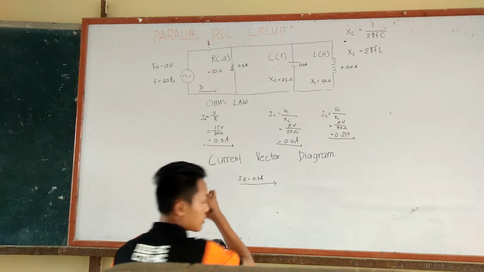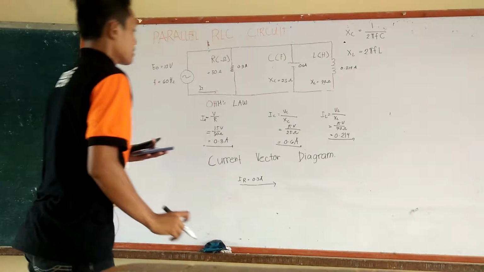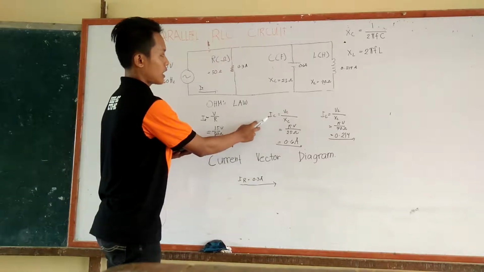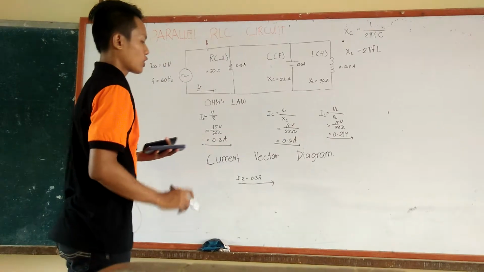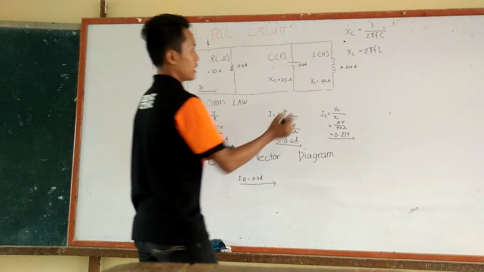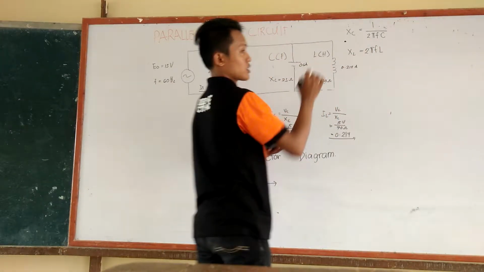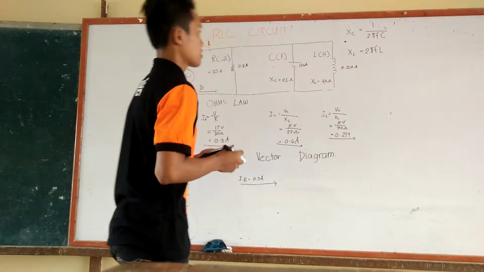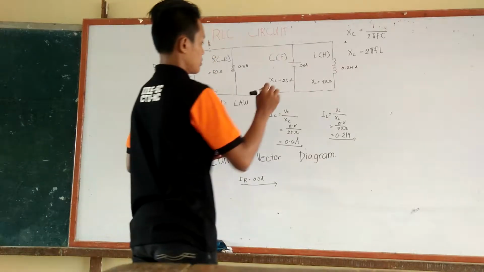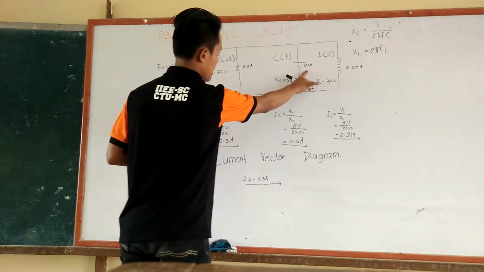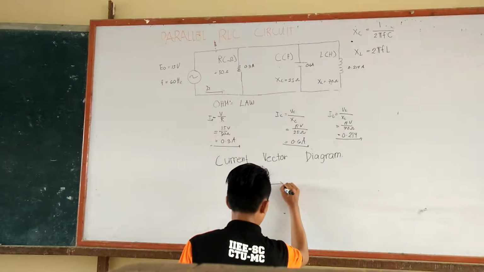Now, the current in the capacitor is going downward because of its formula. That is an inverse, and the answer is always a negative imaginary number, so it will go down. So we have 0.6 amperes here, a vector pointing down.